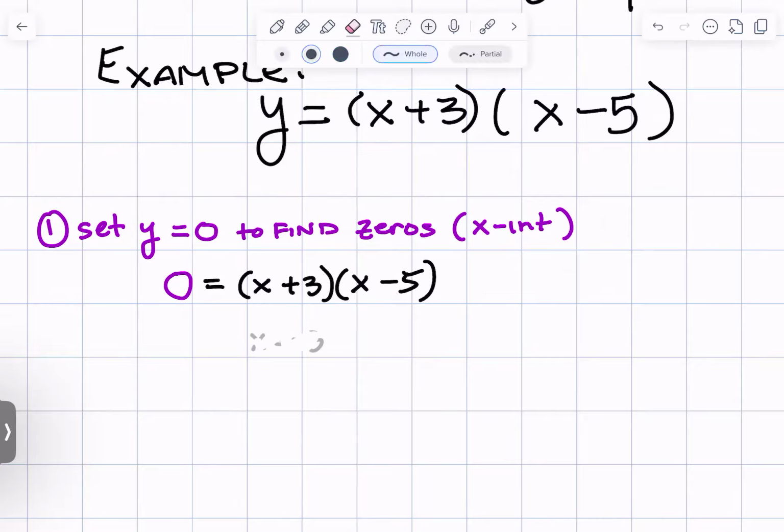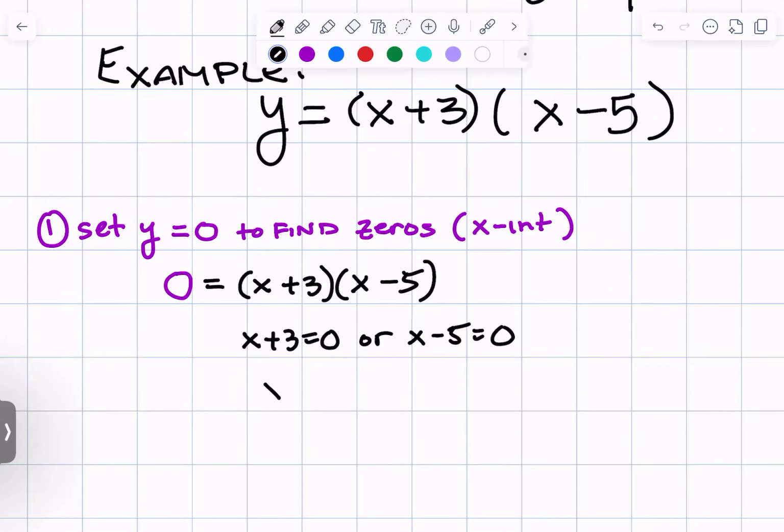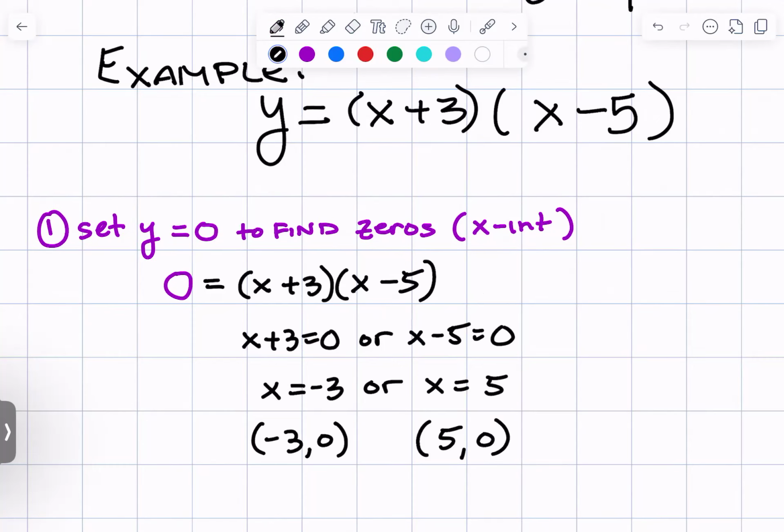Once I set this, x plus 3 equals 0 or x minus 5 equals 0, then x is equal to negative 3 or x is equal to positive 5. So those points are negative 3, comma 0 and 5, comma 0, right? Yeah. So we got that.